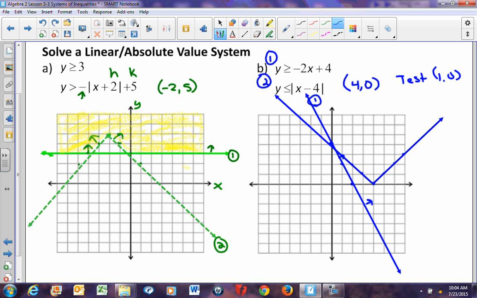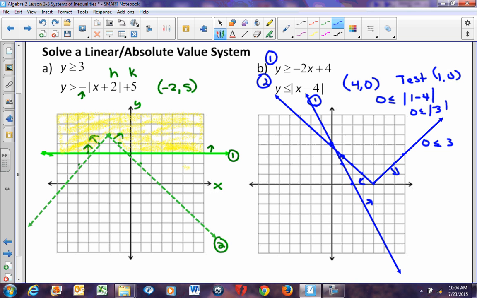So I tested it: 0 would be less than or equal to the absolute value of 1 minus 4, which is the absolute value of negative 3. The absolute value of negative 3 is 3. 0 is less than or equal to 3. So we would shade where 0 is, on the outside of this.